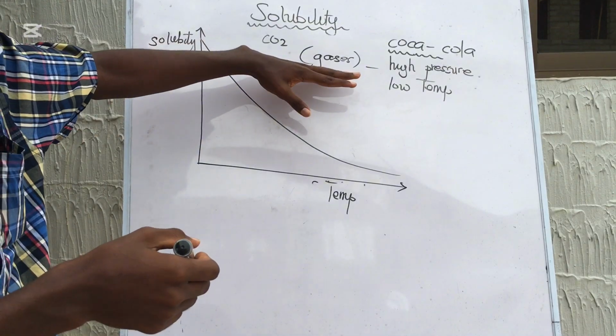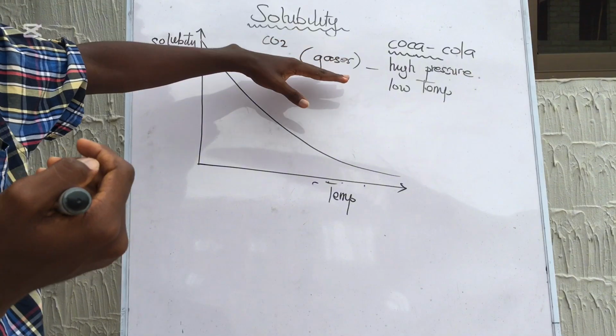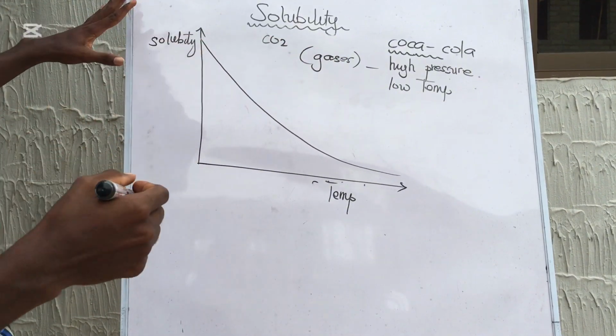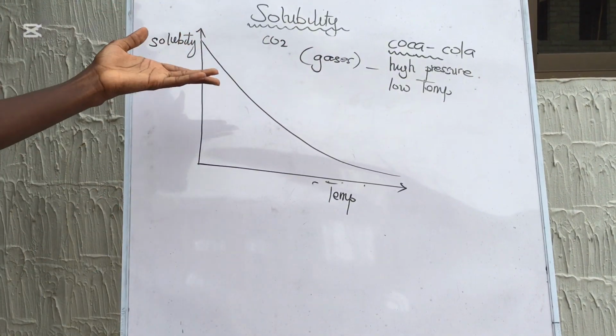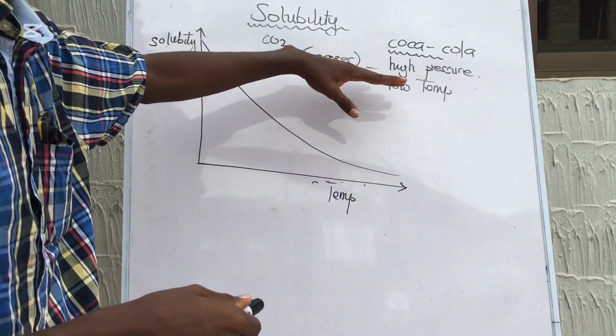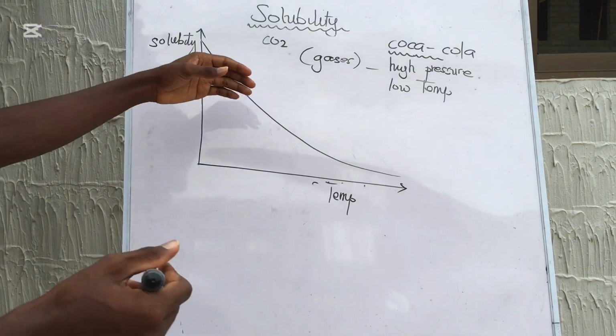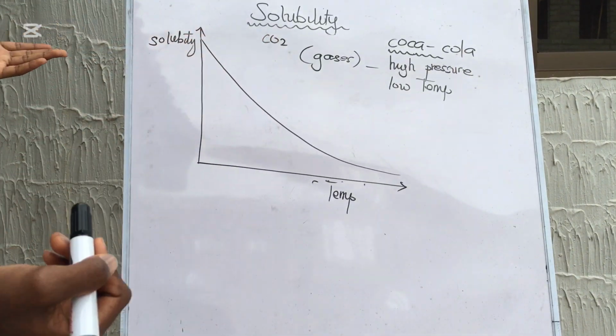If you want to dissolve most of the gas in liquid, if you are in an industry where they produce carbonated drinks and you have an idea about solubility, if you want to dissolve most of the carbon dioxide into these liquid drinks, you have to do it at a very high pressure and a low temperature, because we don't expect most of the gas to come out.